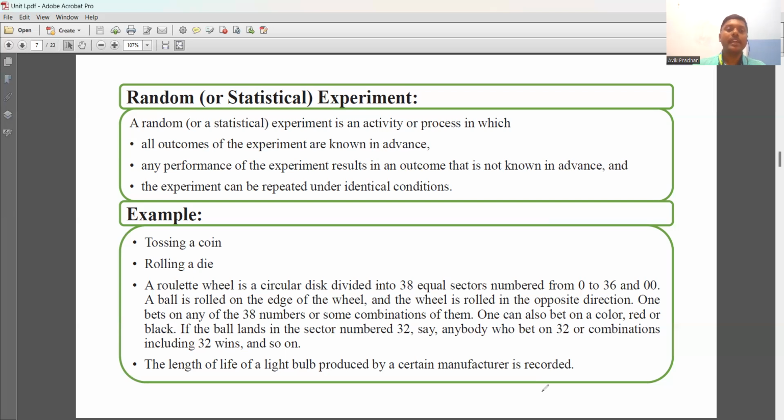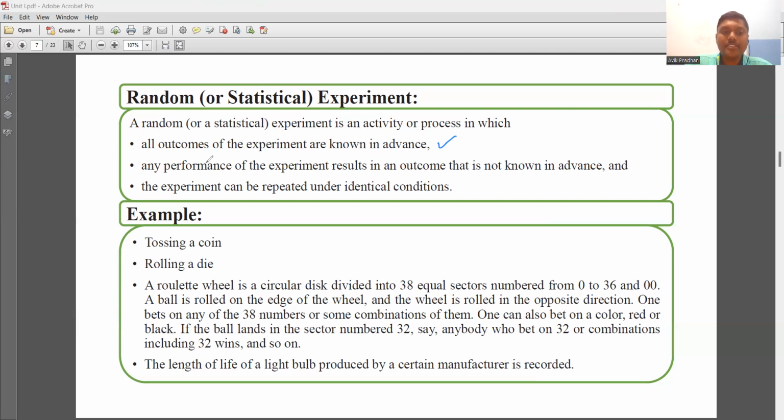So formally, a random experiment or statistical experiment is an activity or process in which all outcomes of the experiment are known in advance. For example, if I consider tossing a coin, we know that we are going to have either head or tail. So two possible outcomes are there.